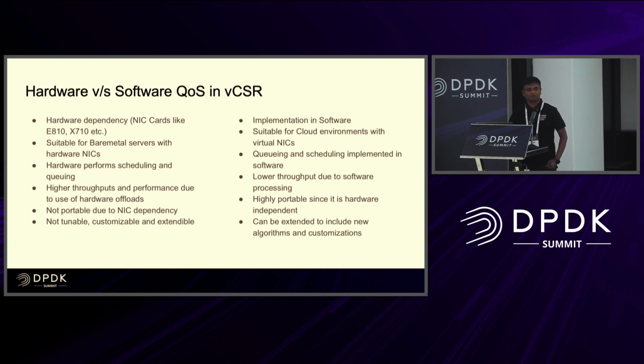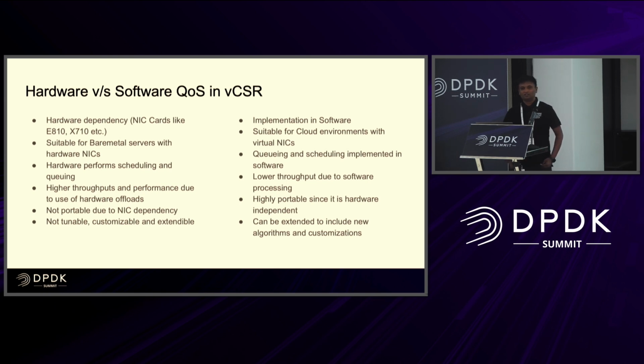The advantage of this method is that because it is offloaded to the hardware, we get higher throughput and performance. But the disadvantage is that it is not portable because it is dependent on the NIC. And NICs are mostly fixed pipeline, so they are not tunable or customizable as per the needs.